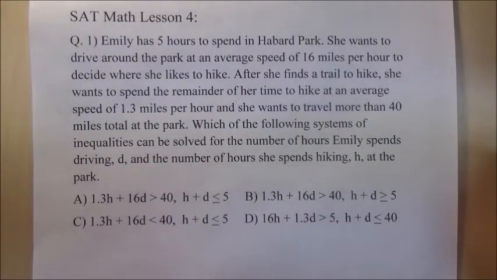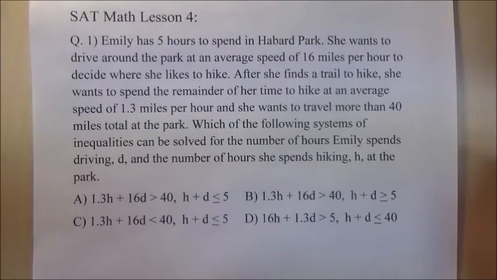Okay, so now we have SAT Math Lesson 4, question number 1. Emily has 5 hours to spend in Harvard Park. She wants to drive around the park at an average speed of 16 miles per hour to decide where she likes to hike.